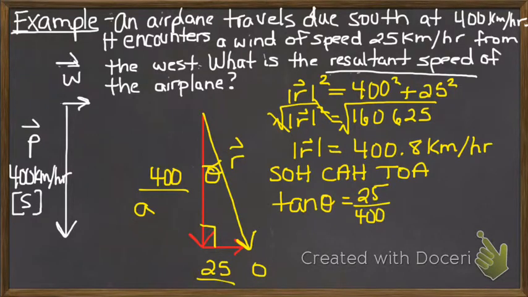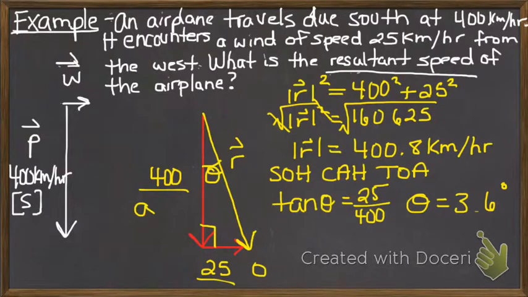You need to use the inverse button on your calculator. So use second function or shift, then press tan, then enter in this fraction, 25 over 400, and you should get an angle of about 3.6 degrees. So that's what theta is.